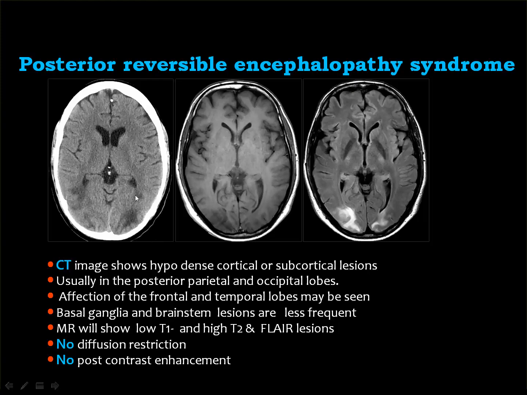On CT scan, you get hypodense areas, bilateral, symmetric, in the posterior areas of the brain. On MRI, you get low signal in T1, high signal in T2 and FLAIR. If you do not see diffusion restriction, this is edematous changes. If you see it, this is ischemic changes. In both conditions, if you inject a contrast material, these lesions will not enhance.